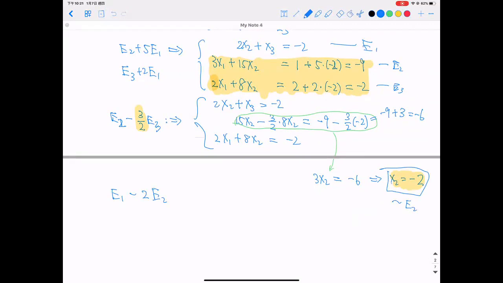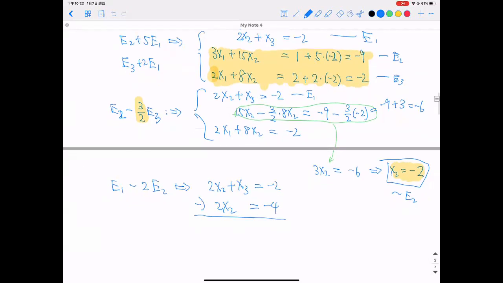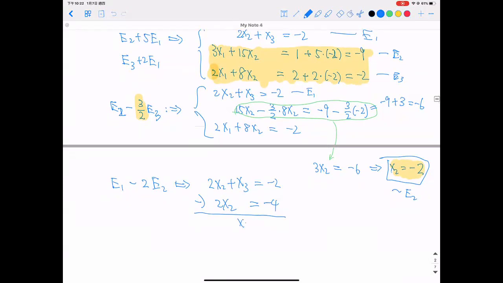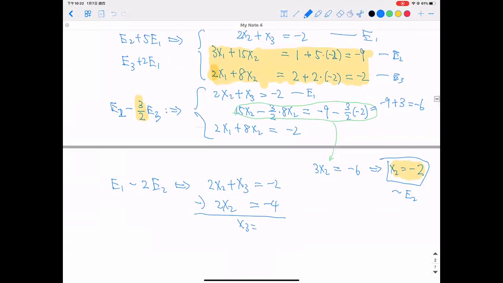So if I do E1 minus 2E2, what was E1? This is E1. If I do E1 minus 2E2, I'm getting 2x2 plus x3 equaling minus 2. Well, then I have 2x2 equaling minus 4, and I'm taking the difference, right? And that'll give me x3 equals minus 2 minus negative 4. So minus 2 plus 4 is 2.